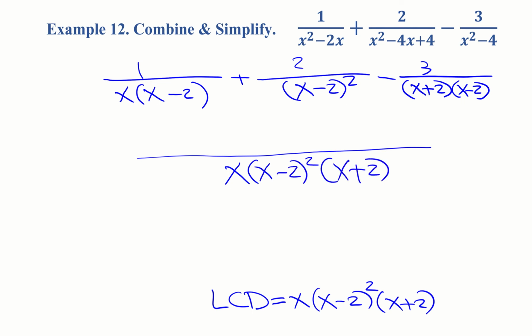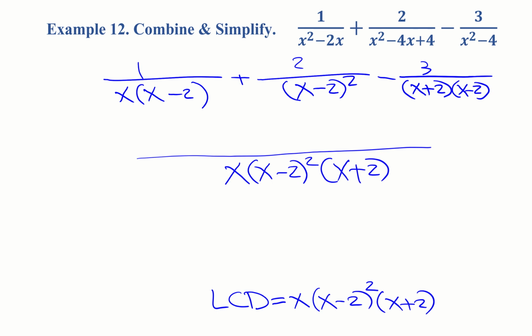And now we're going to make sure that each of these denominators becomes like the LCD. So what's missing from this denominator in order for it to become the LCD? X is already there. One factor of x minus 2 is there, and there is no x plus 2.